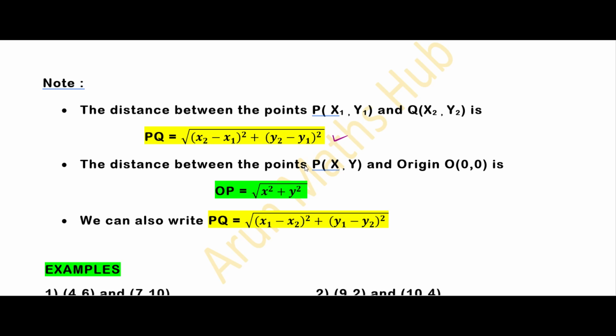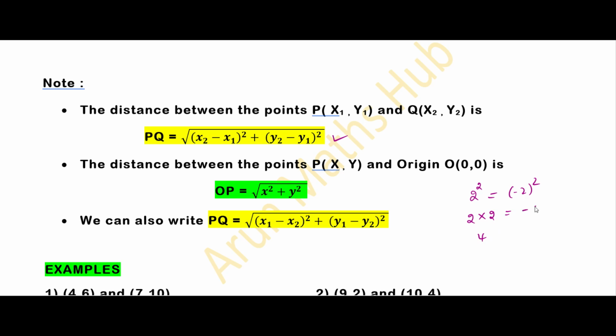We can also write this distance formula as, instead of x2 minus x1, I can write x1 minus x2, and y2 minus y1 can also be written as y1 minus y2, because 2 square is the same as minus 2 whole square. 2 square is nothing but 2 into 2, we get 4.